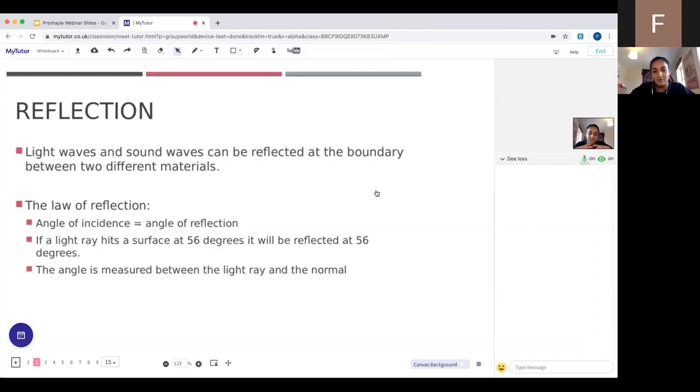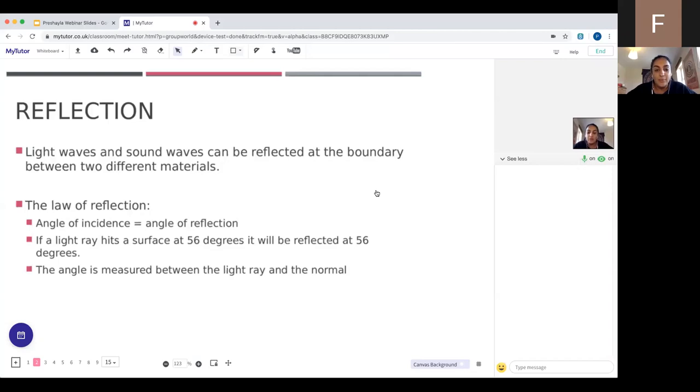You'll see a diagram in the next slide to help you visualize that, but that's the law of reflection. Wherever we have a mirror or a reflective surface, the angle that it comes in at is the same angle it's going to leave at. So if a light ray hits the surface at 56 degrees, it will also be reflected at 56 degrees.